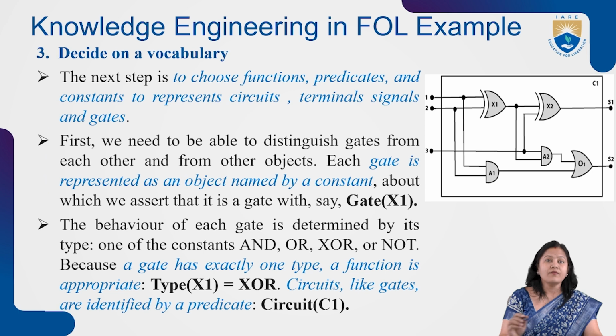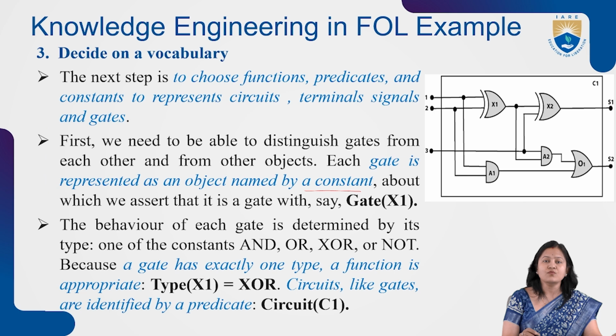Here we have to choose the functions, predicates, and constants to represent the circuits, terminals, and signals, as well as the gates. First, we need to be able to distinguish the gates from each other and from each object. Now you can see each gate is represented as an object name, which is called a constant. As I said, everything is considered an object in this circuit.